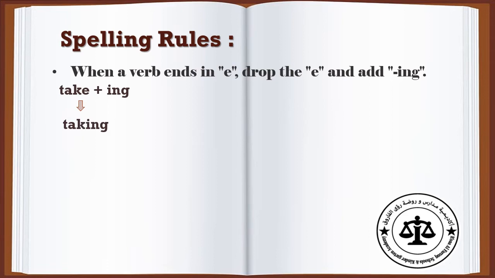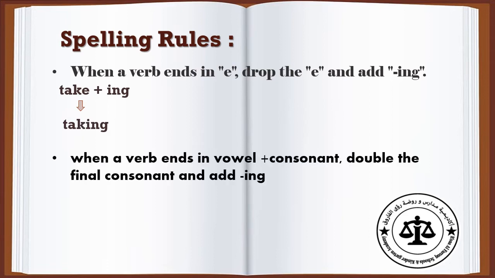Taking. Number 2, when a verb ends in vowel, then the consonant, we have to double the final consonant and add ing. Like the verb hit, here we have I, then the consonant T. If we want to add ing, we have to double the letter T, then ing, hitting.